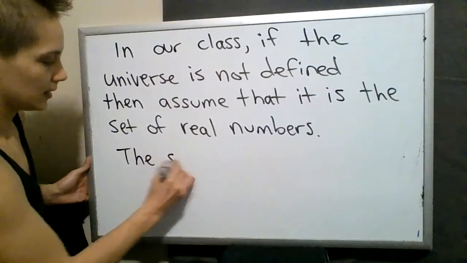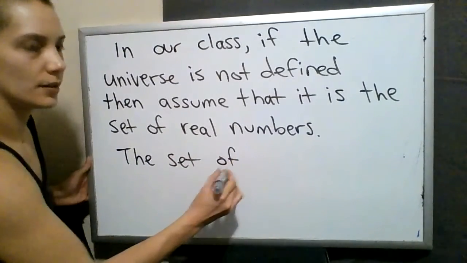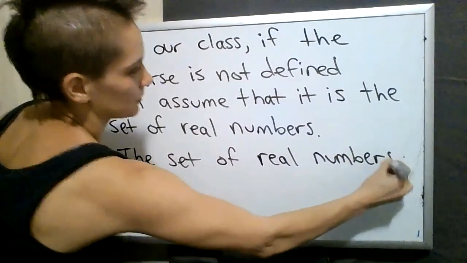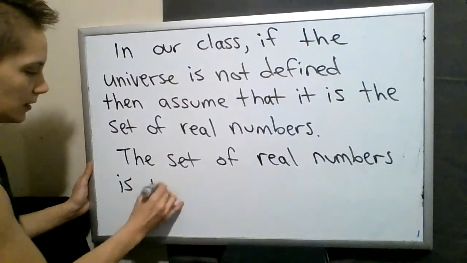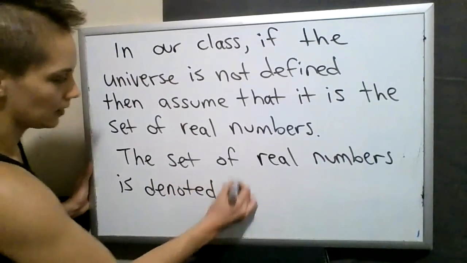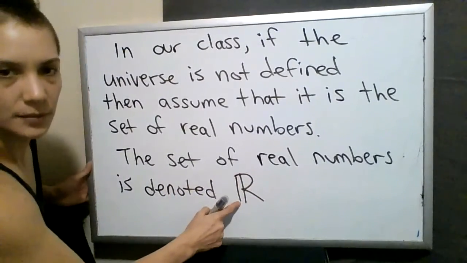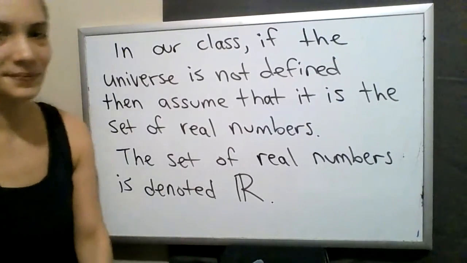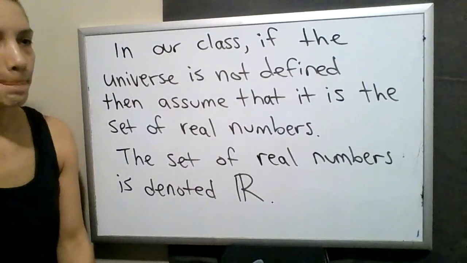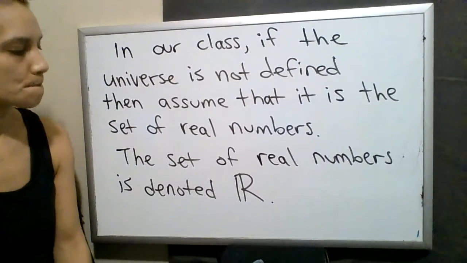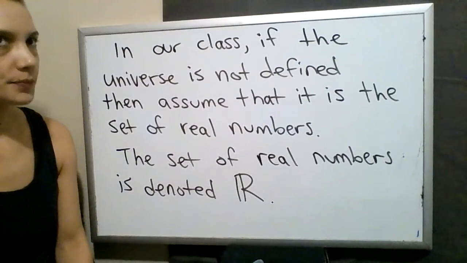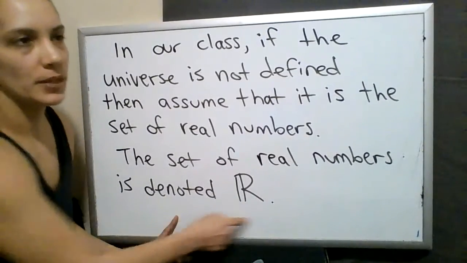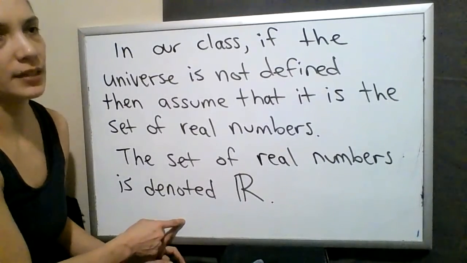Set of real numbers, double bar. So those lines that I drew, those were real number lines, representing all possible numbers on a number line for the real numbers.